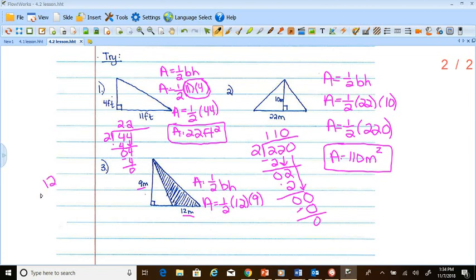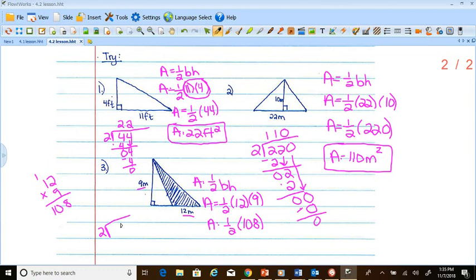My 12 times 9. Okay, 9 times 2 is 18. 9 times 1 is 9, plus 1 is 10. Okay, so I know that this multiplied is 108. I'm cutting that in half.